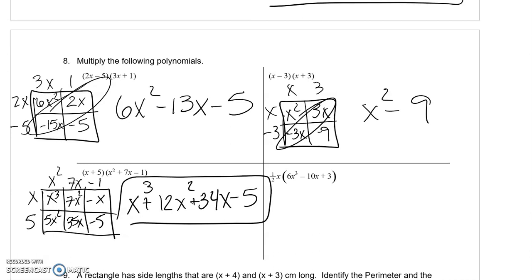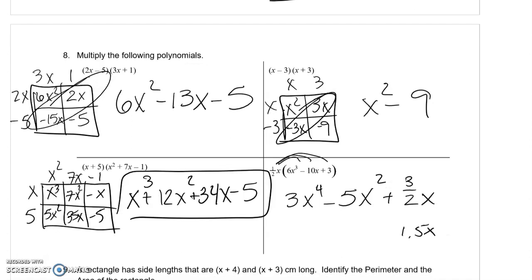The last one I'm not going to use boxes, because this one is distribution. 1/2 times 6 is 3, x times x to the third is x to the fourth, 1/2 times minus 10 is minus 5, x times x is x squared, 1/2 x squared, 1/2 x times 3 is plus 3/2 x, maybe wrote 1.5x, that is okay too.